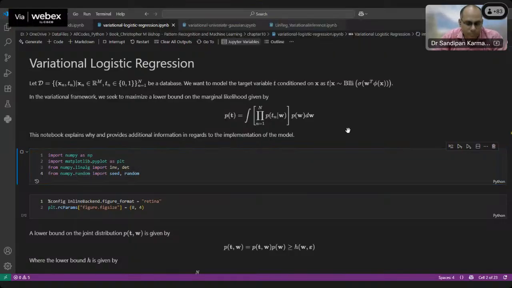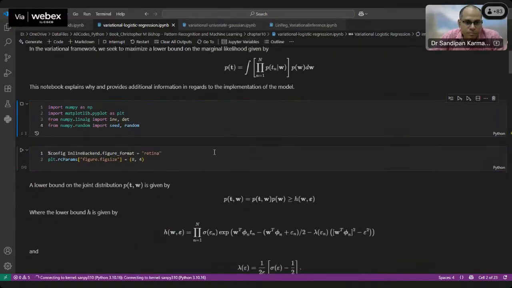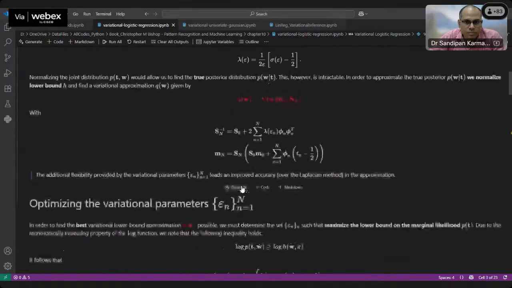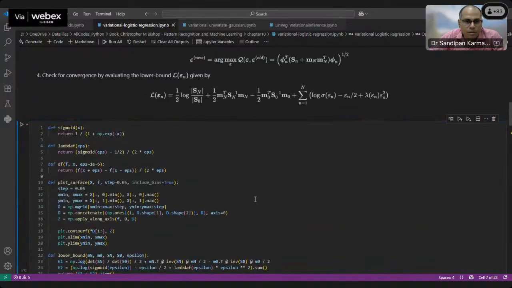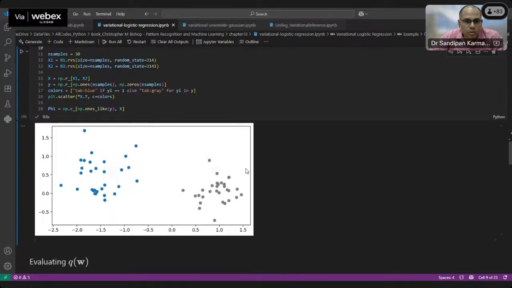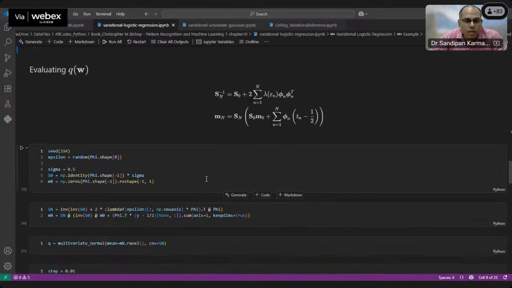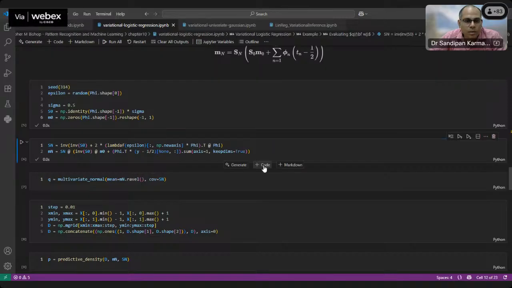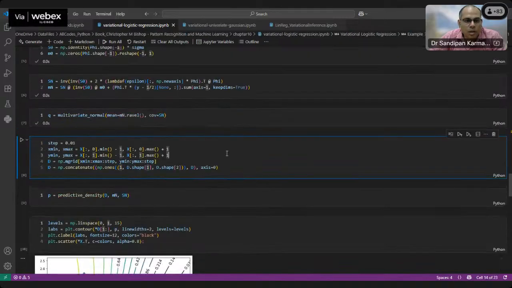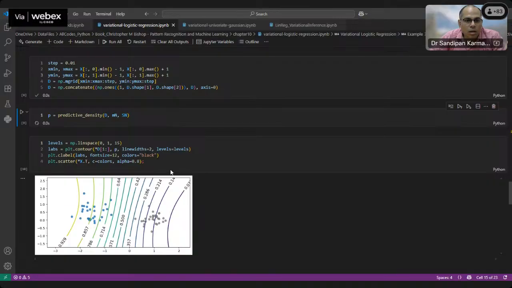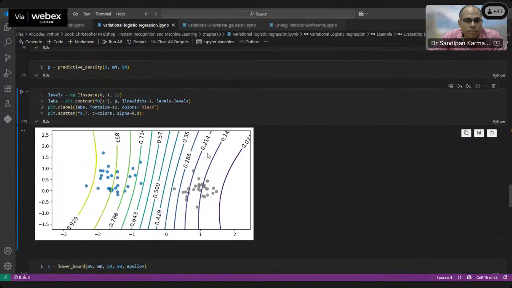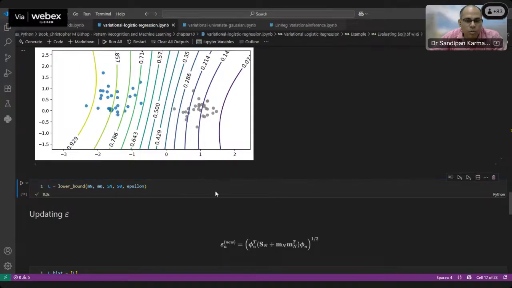So here, then this one, then this one. These are two classes of data points. Then QW, this is Q beta. Then the contour plot.